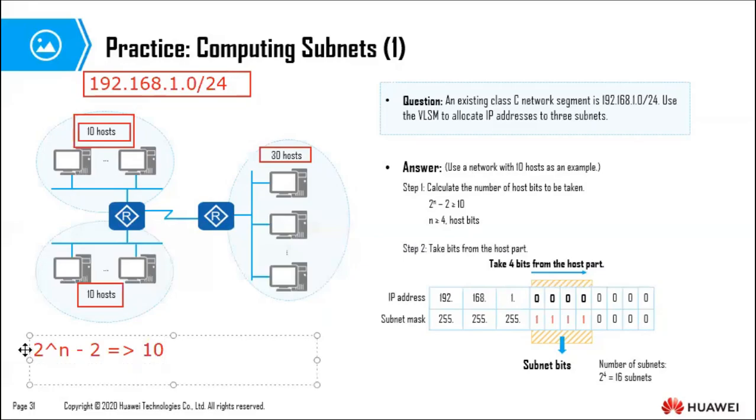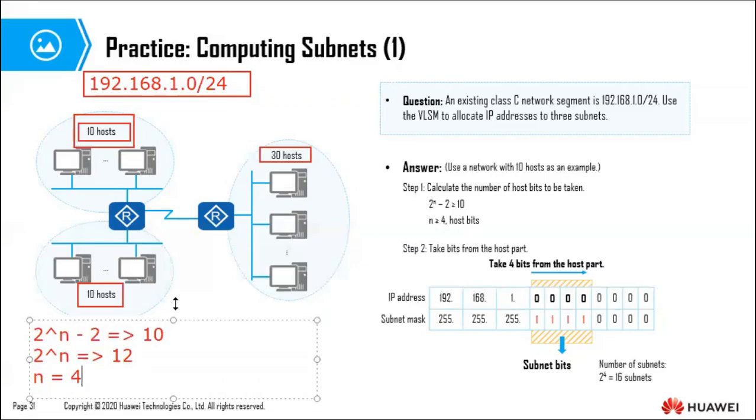So 2 raised to power n is equal or greater than 10 plus 2, which gives us 12. So which number raised to power 2 will give us a number greater than or equal to 12? 4. So our n is going to be 4. Are we together?